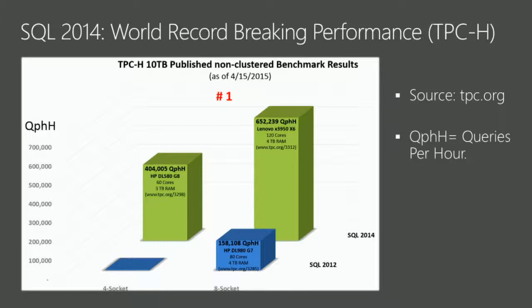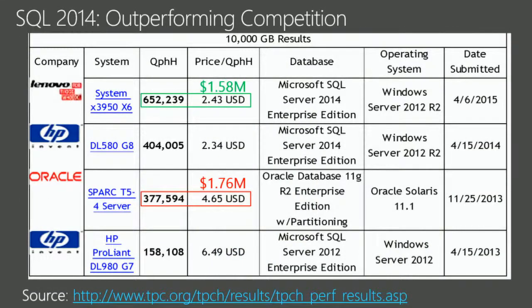So that scales. Now how does it compare with the industry? There are 2 interesting things here. This benchmark that was released, this is on the TPC-H performance results. This is a release number, and what you see here is that we are able to deliver a price per query hour of $2.43.